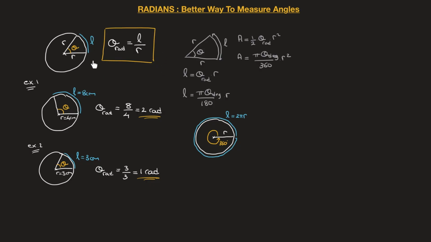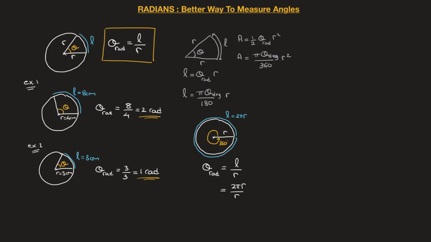Using the formula that we have up here, we can go ahead and state that the angle we have here, so 360 degrees in radians, and I'll quickly write theta in radians, is equal to the arc length L divided by the radius, which becomes 2 pi r over r.